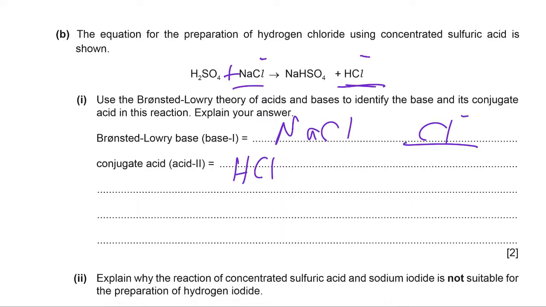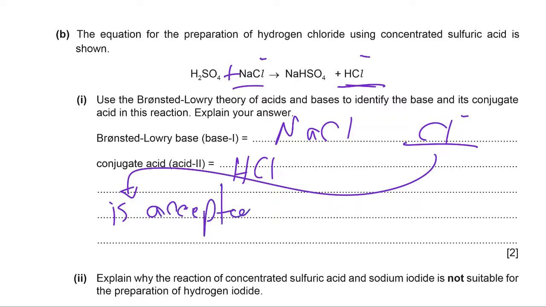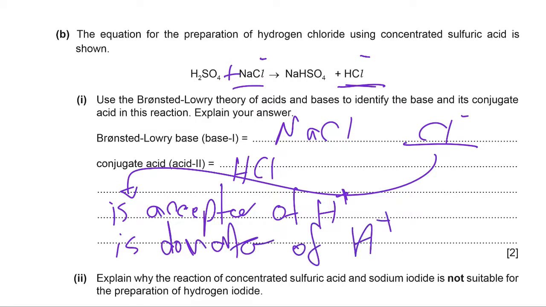The explanation of why we consider chloride a base is because it is an acceptor of hydrogen plus, and HCl is an acid because it is a donor of H plus.